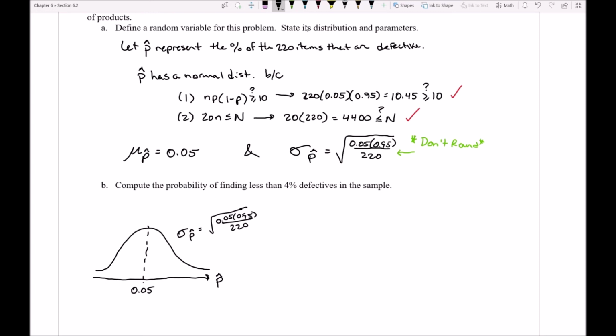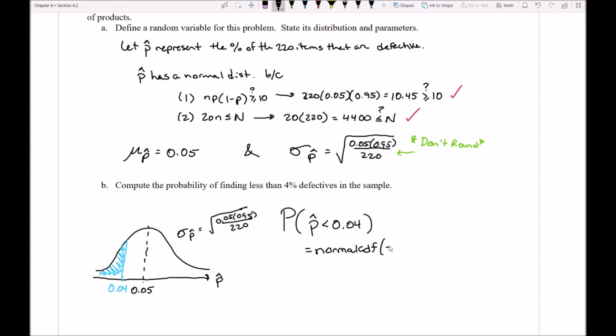Now I'm interested in finding the chances that I get less than 4%. So 4% would be over here on the number line, and I want to go less than it. I want to find that shaded space. What's the likelihood that the p hat I get is 4% or lower? Since I'm looking for a probability, I want the probability of p hat being less than 0.04, and I can calculate that with a normal CDF.